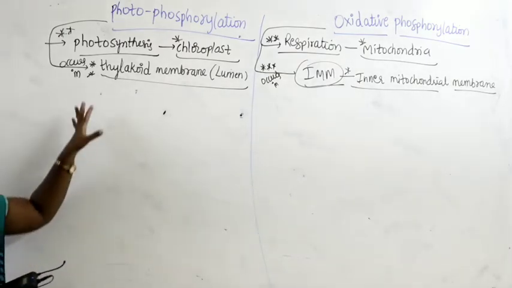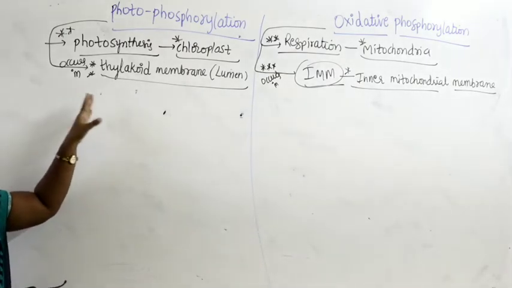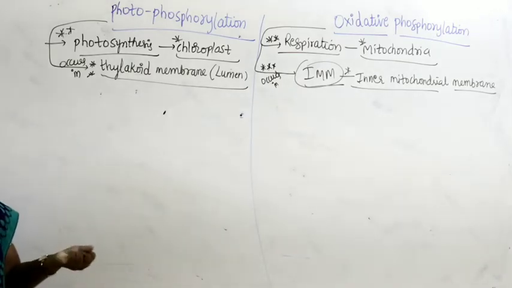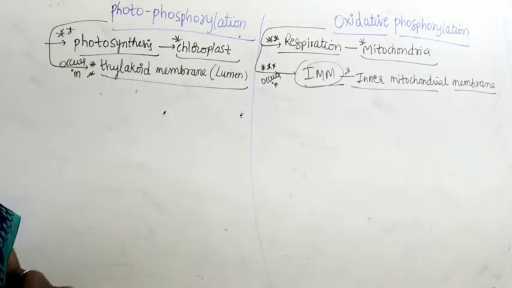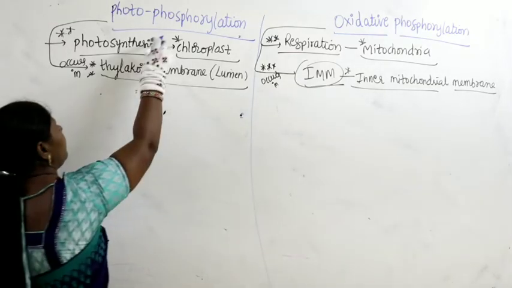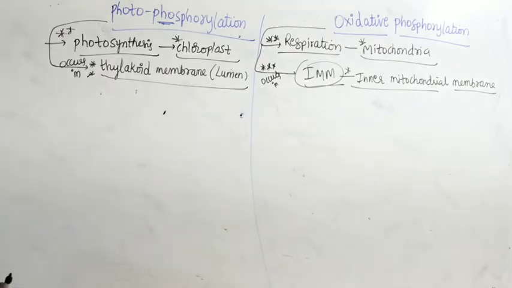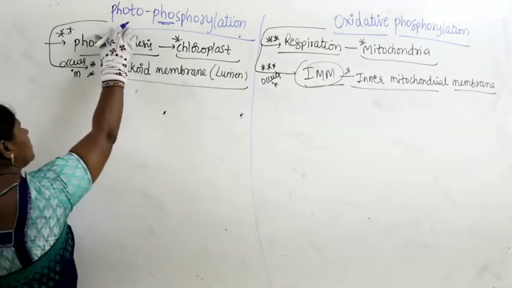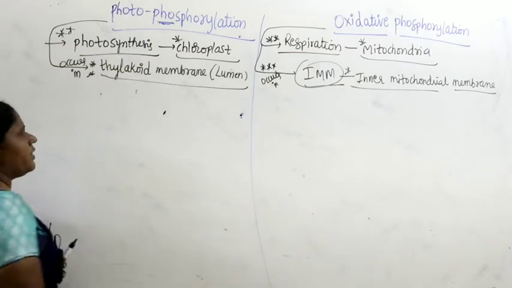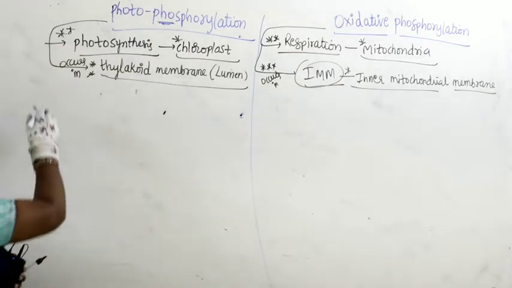This happens in the presence of light. Here the source of energy is light. Let us first write the definition. What is the definition here? You all know it very well. Phosphorylation always speaks about ATP synthesis. In the presence of light, it is called photophosphorylation. So what definition can we write?